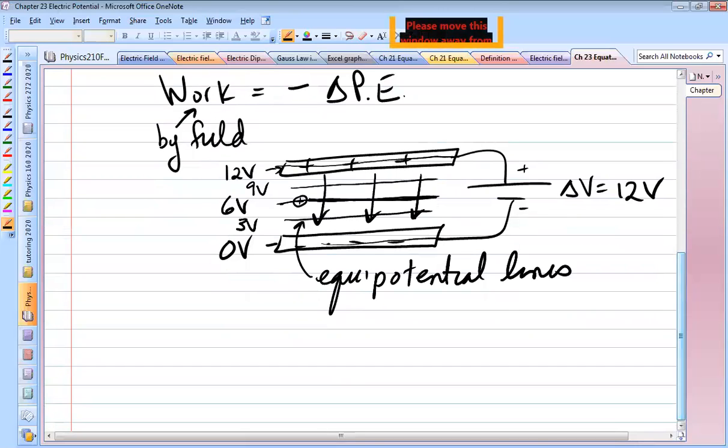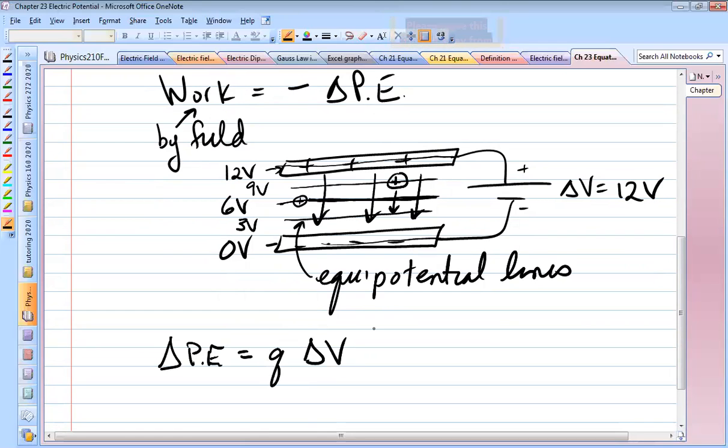So if we want to know, say something goes from the 9 volt line and then moves down to the 3 volt line, what's its change in potential energy? And so the formula, the change in potential energy is equal to Q times the change in voltage.